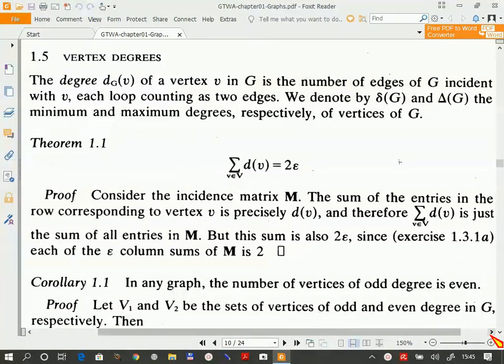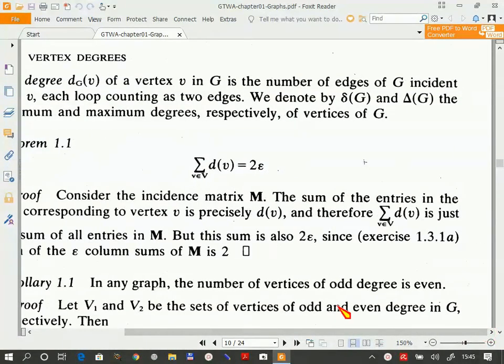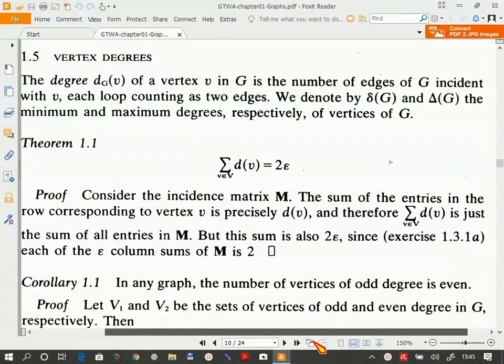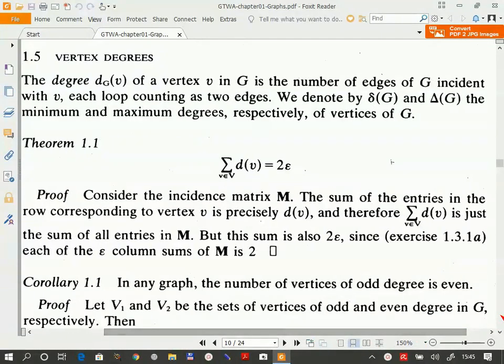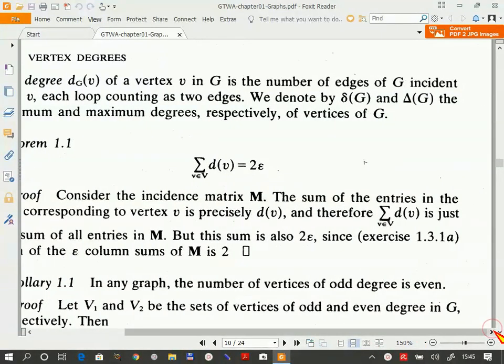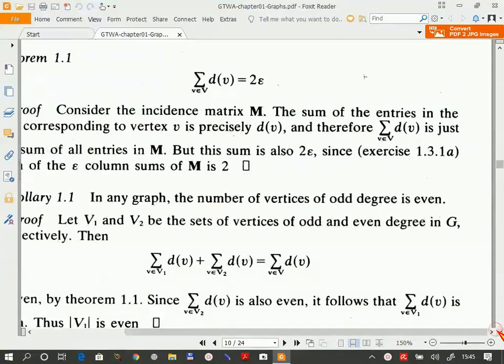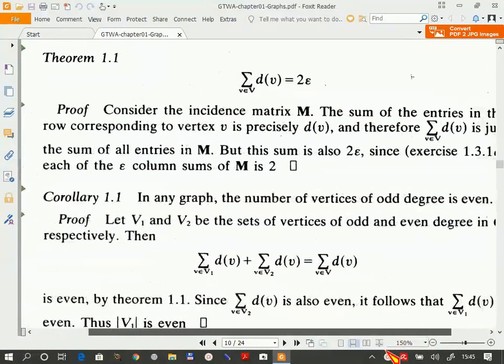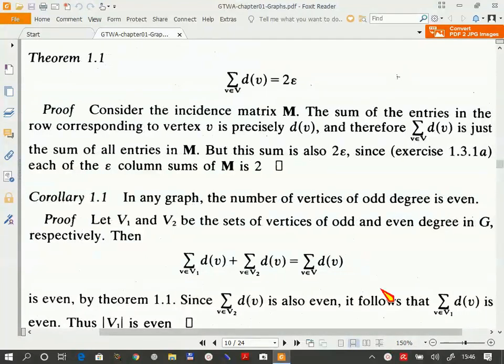Split the set of vertices into 2 subsets. V1, the set of vertices of odd degree, and V2, the set of vertices of even degree. If you sum the degrees in V1, sum the degrees in V2, and sum the 2 sums, you get, of course, the sum of all degrees. Are you with me?